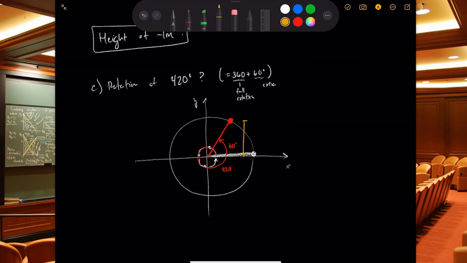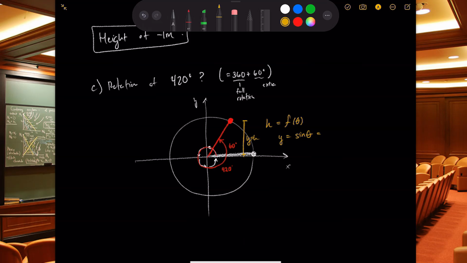Over here. Well, we said height is a function of the angle of rotation. You tell me how far I rotate, I'll tell you how high in the air you are. Well, the height we know is y. So y is sine of theta. And what's the angle of rotation? Well, we could say 420, and that would be fine.